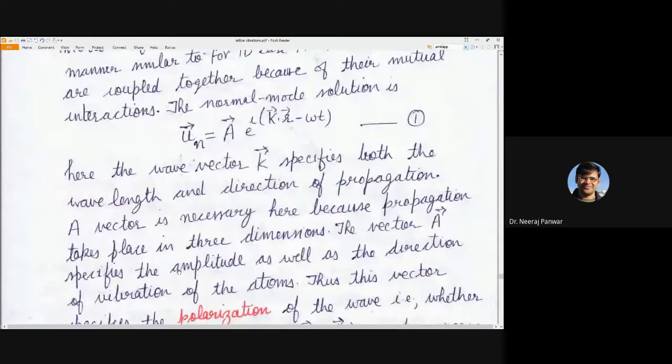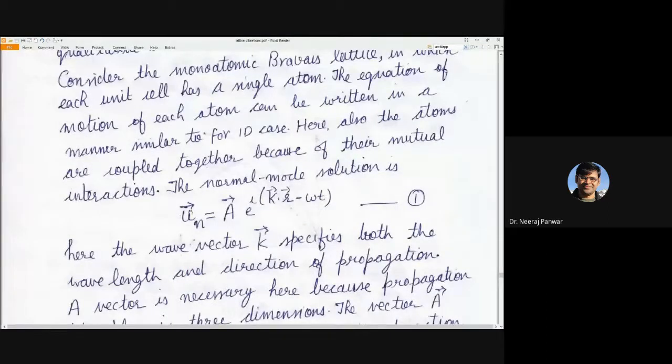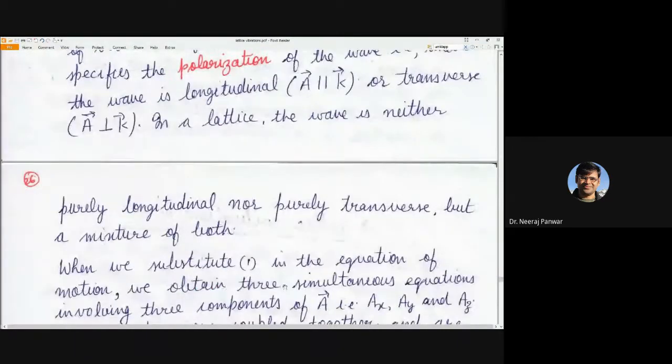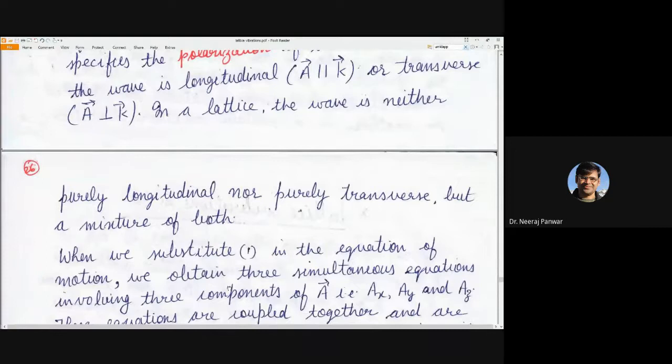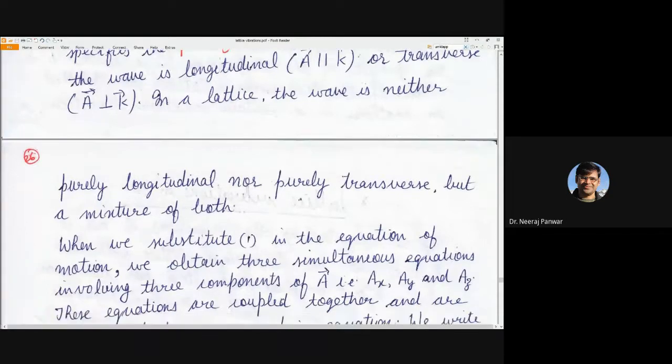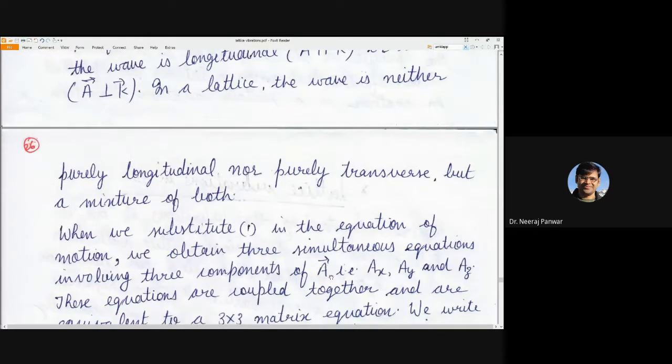When we substitute this equation in the equation of motion of ions, we obtain three simultaneous equations involving three components of A. Now it is a three-dimensional vector, so it will have three components, Ax, Ay, and Az.